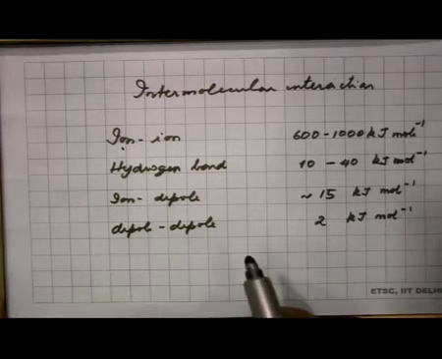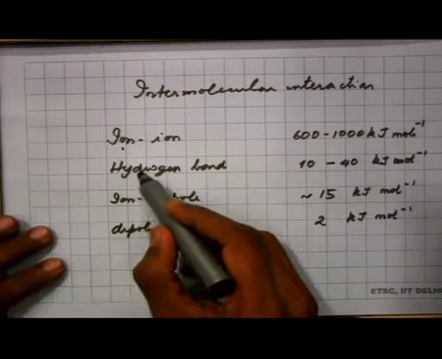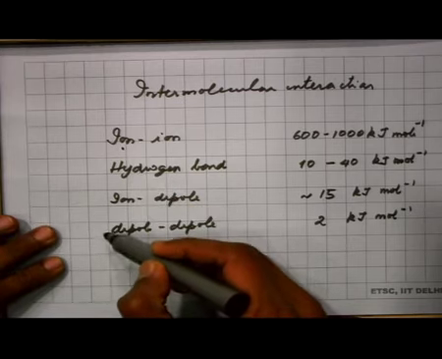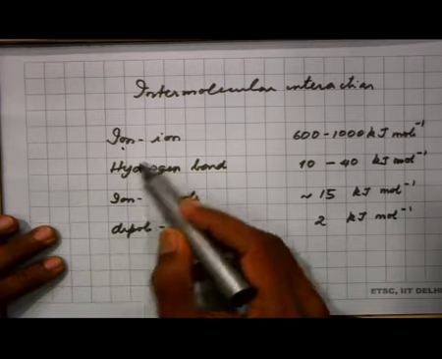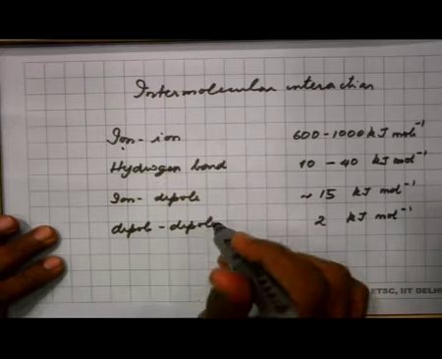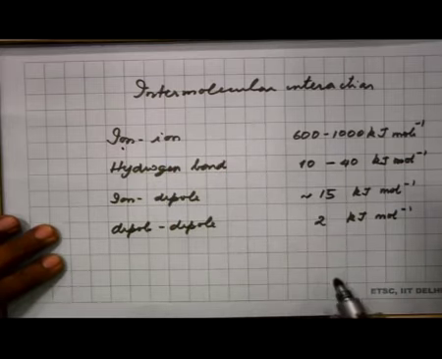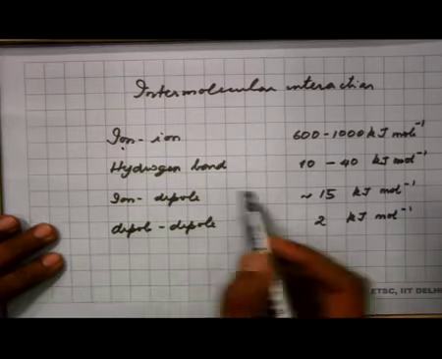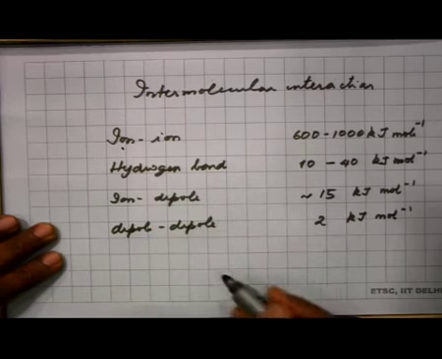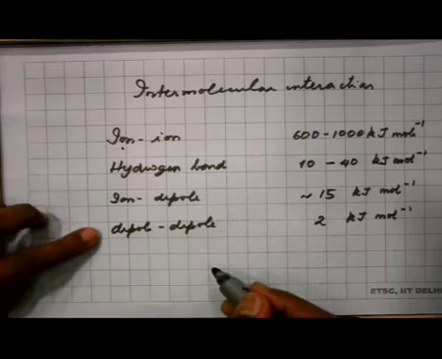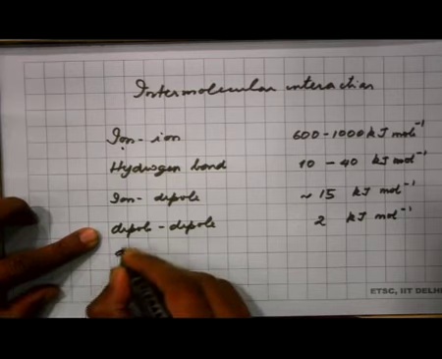Now, one thing that you have to note is that the hydrogen bond is just an extreme case of a dipole-dipole interaction, but we classify it a little bit differently because its strength is different and it behaves a little bit differently.